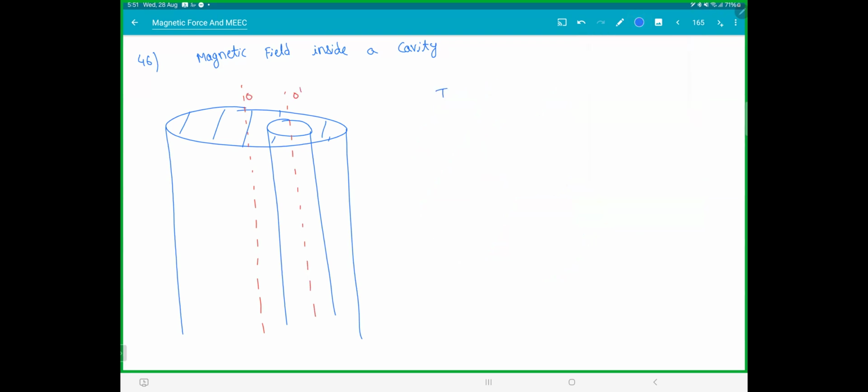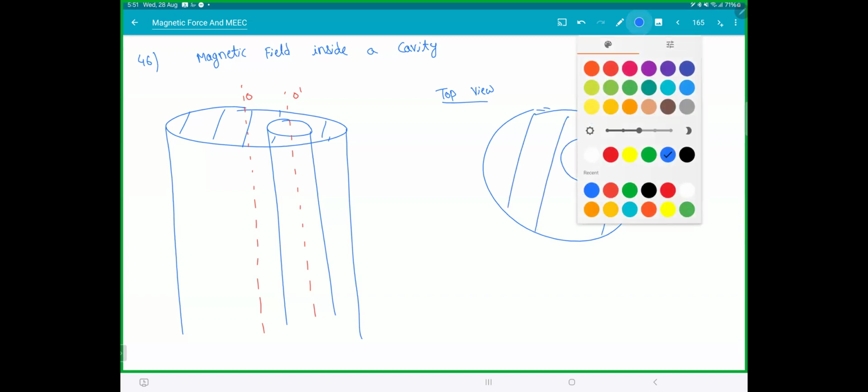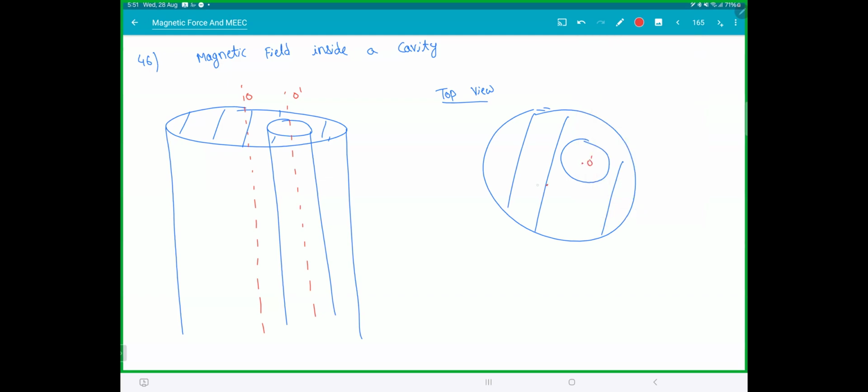If you look at this from the top view, this is how it looks. So here is the cylindrical cavity. This is O dash and this is O. J is the current density, uniform.